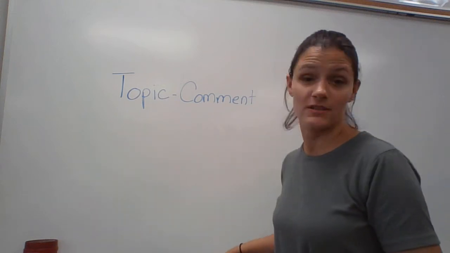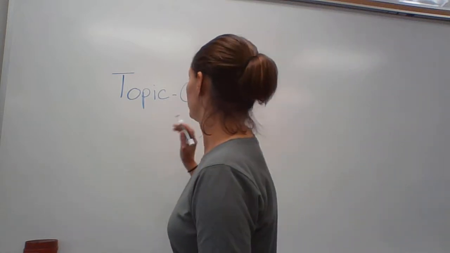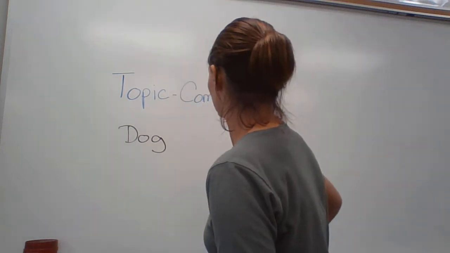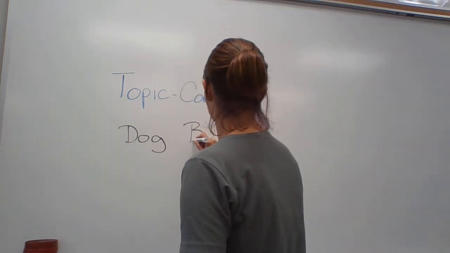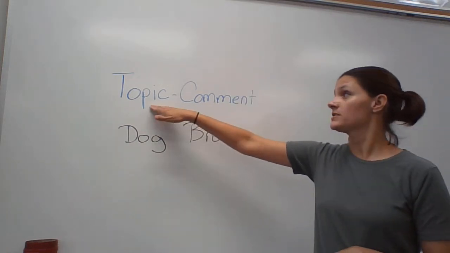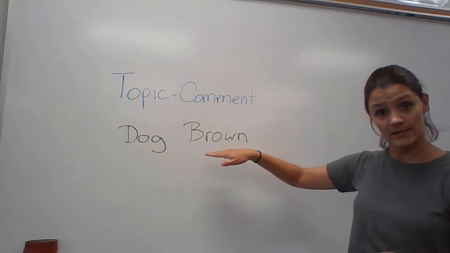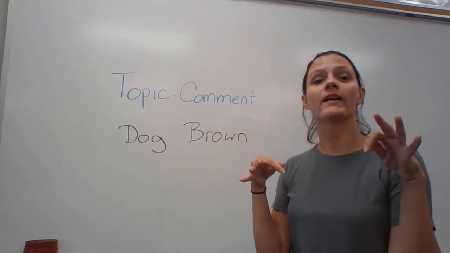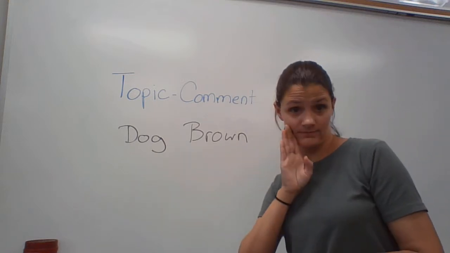An example of this, a very simple example. Topic, comment. The dog is brown. In ASL, I need to have a dog before I can describe that he's brown.